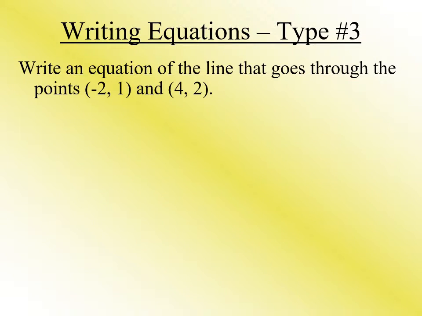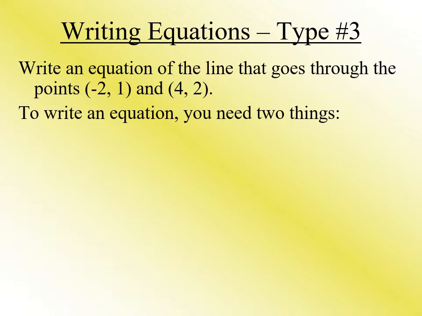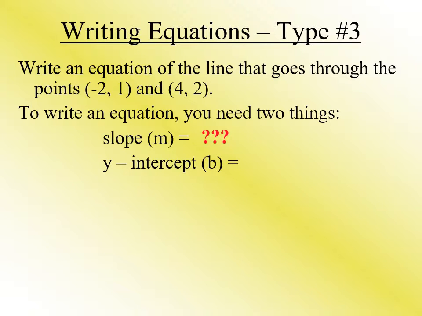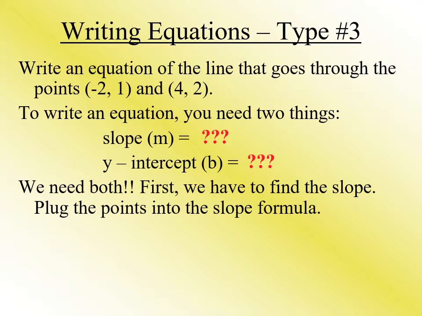Okay, so now the last form you're going to see is writing an equation of a line that goes through 2 points. Okay, so we don't have slope or intercept, right? Those are the 2 things we need, but we have enough information to find them. The first thing we have to do is find the slope.